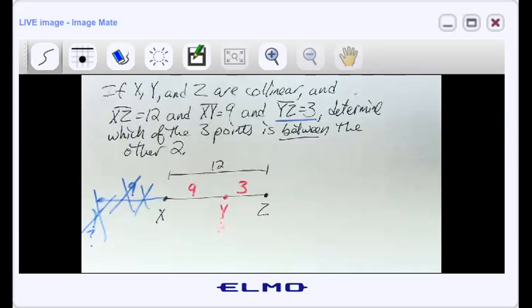Which of the points is between the other two? Evan. Yes. Which point is in between the other two in this example?